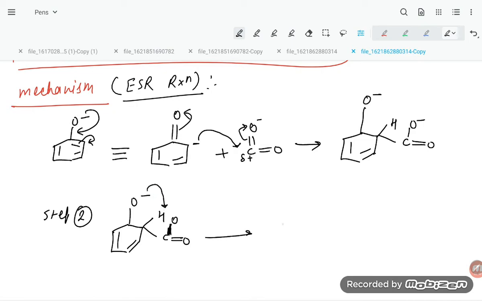So the intermediate formed has OH here, and when this absorbs, the bond shifts here, the double bond is restored, and here is CO minus, O minus and double bond O.